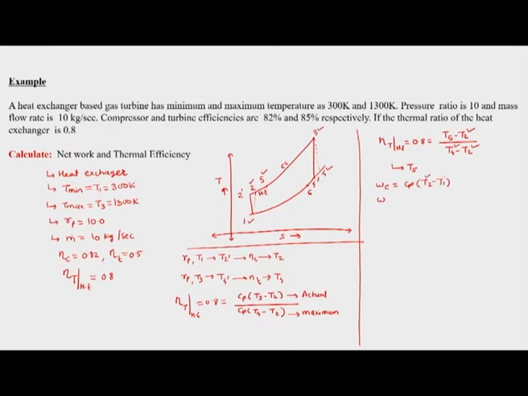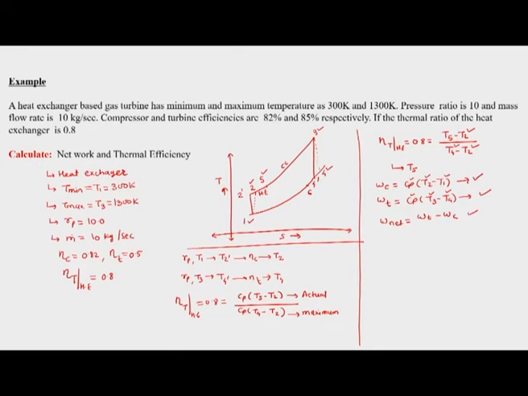Then we know T2, we know T1, we know Cp, so we found out Wc, which is compressor work. Then we can find out turbine work, which is Cp into T3 minus T4. Here as well T3 is known, T4 is known, Cp is known, so we found out turbine work. So W net is equal to turbine work minus compressor work. So we eventually found out net work.